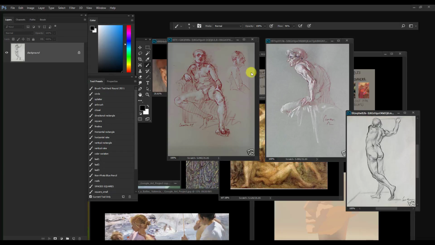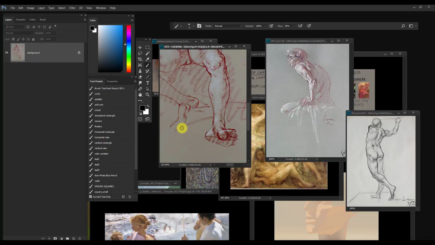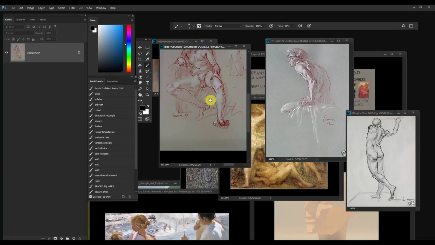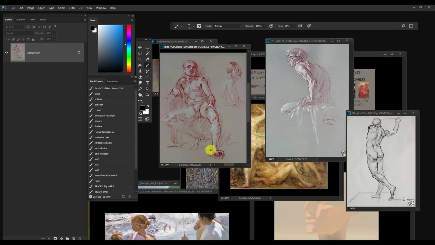So atmospheric perspective is not just an optical or naturalistic thing that you can exploit in painting buildings that are a long way away. Atmospheric perspective is something you can exploit in drawings. And look at how much contrast there is in this foot to this foot. Now this is an artificial exaggeration of the principles of atmospheric perspective to gain depth.